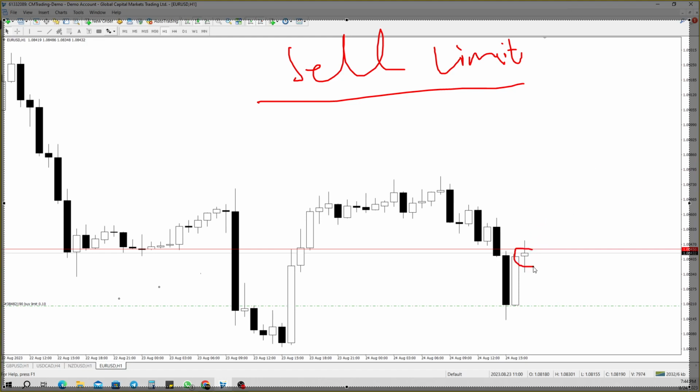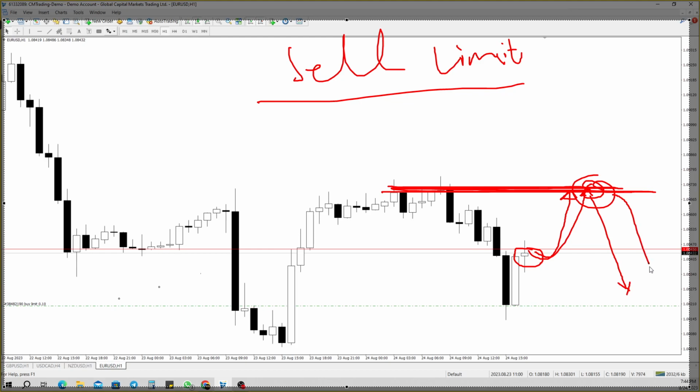For example, this is the current price, but you want to enter a sell around this resistance. You want price to come higher to this area, and then here you want your sell order to be executed. So in this area you will use a sell limit. You will put a sell limit here, and when the price comes to that area, your sell order would be executed, and if it moves lower, then you will make profit.